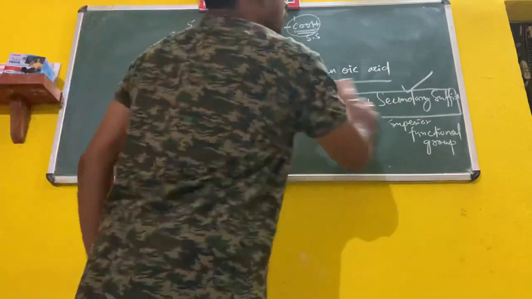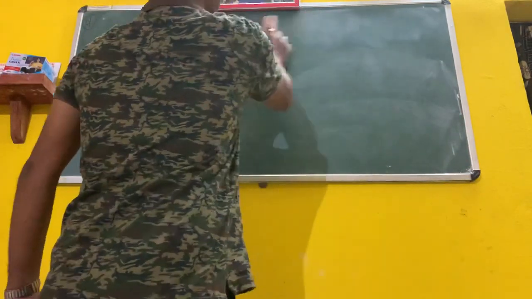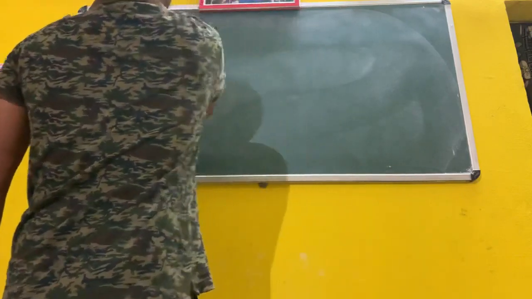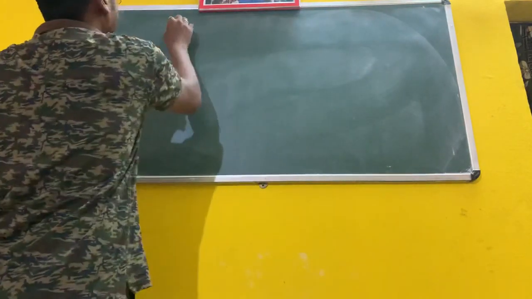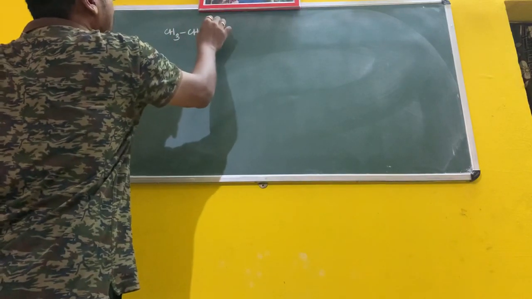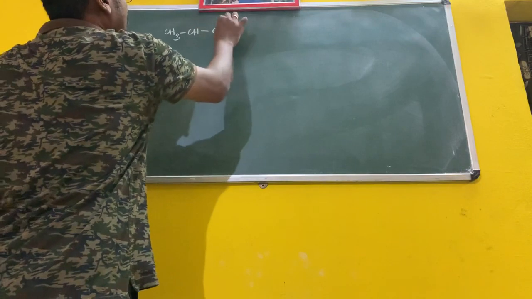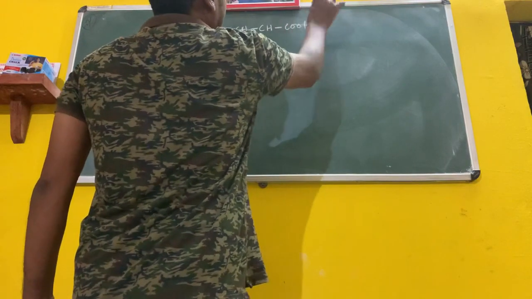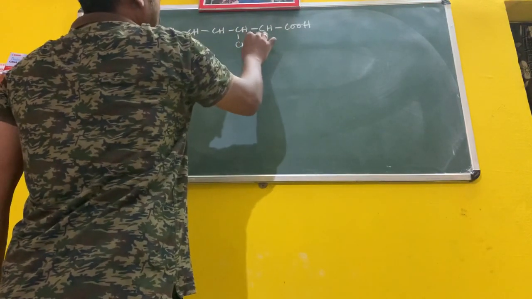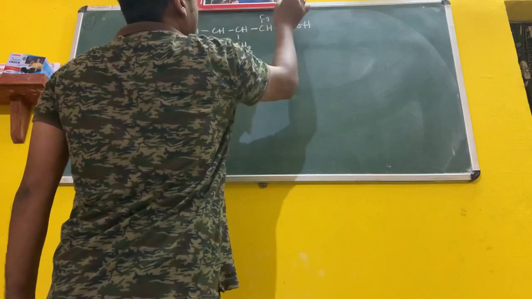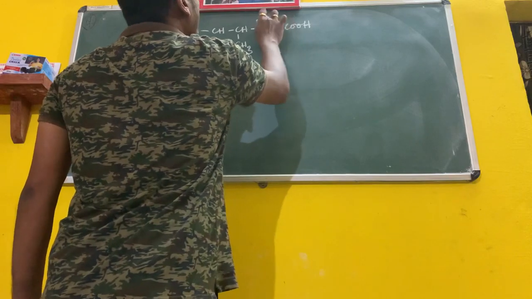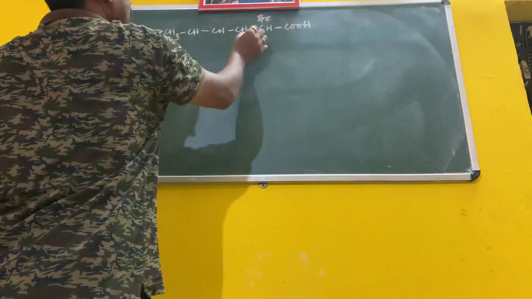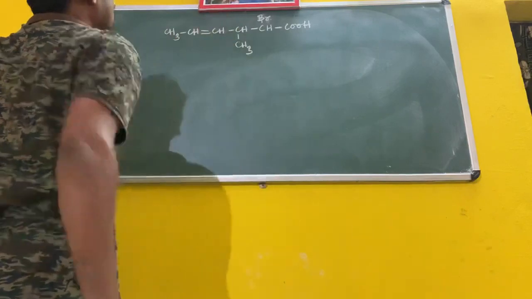Suppose CH3, CH, CH, CH, COOH, then CH3 and bromine, numbered 1, 2, 3, 4 on each side.